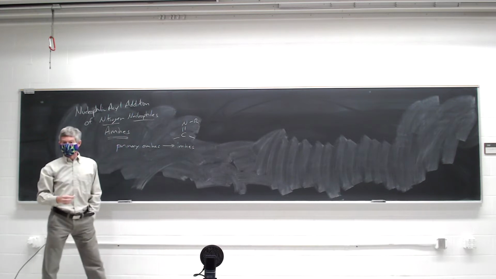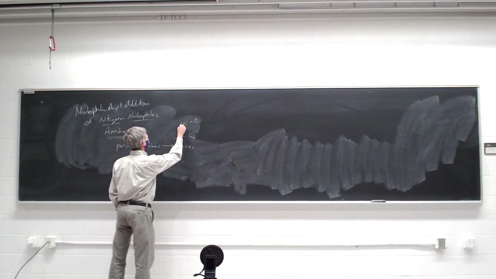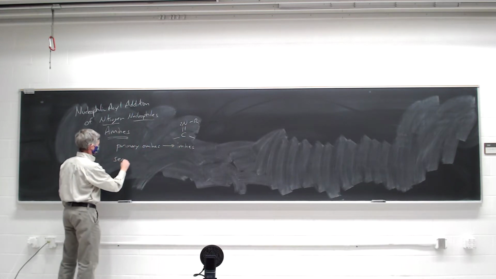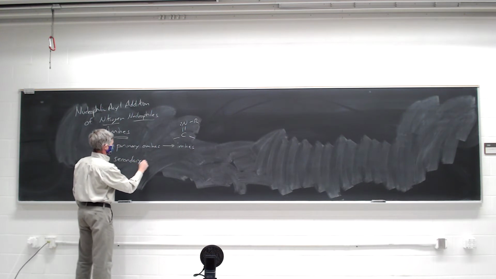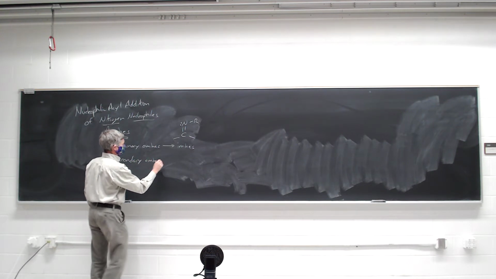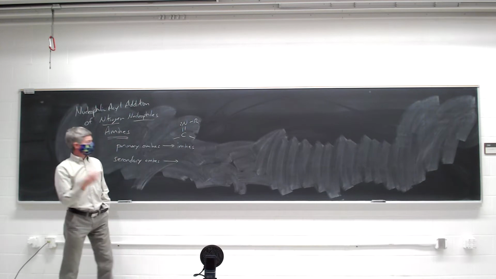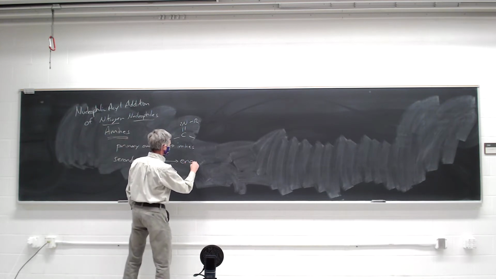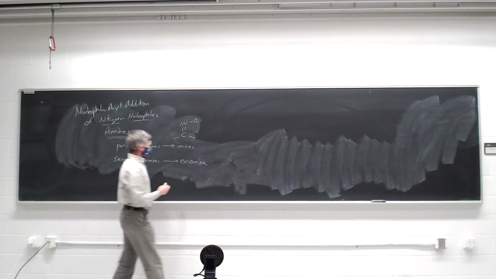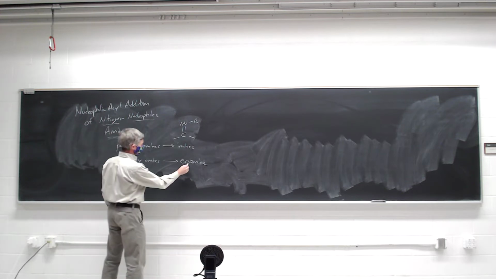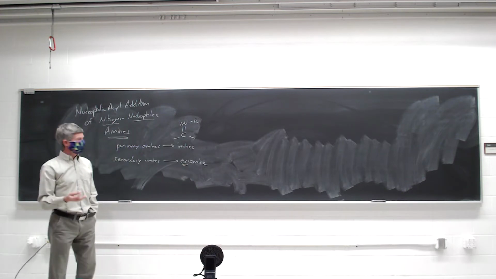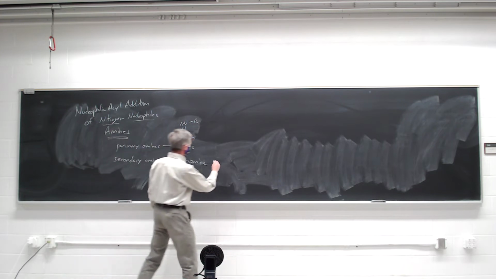Imines have a carbon-nitrogen double bond in them. And if we use secondary amines, we actually get what's called an enamine, which is much like what you would think. It has an alkene in it as well as the amine function.